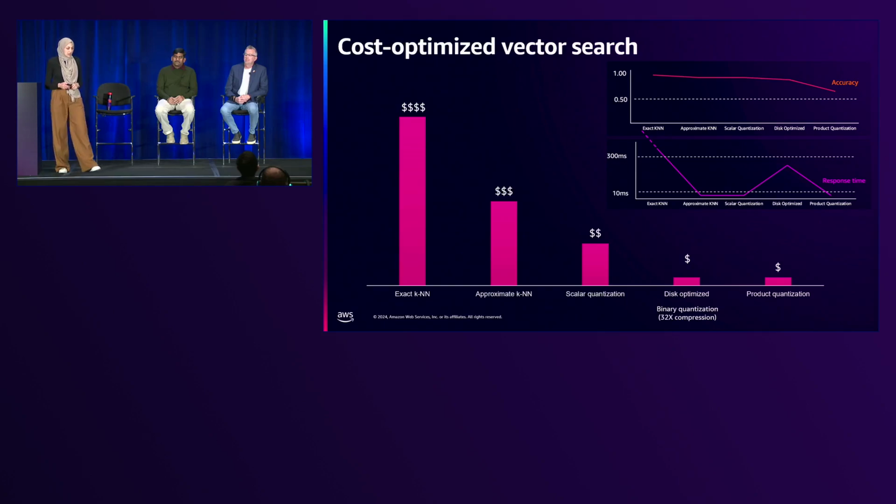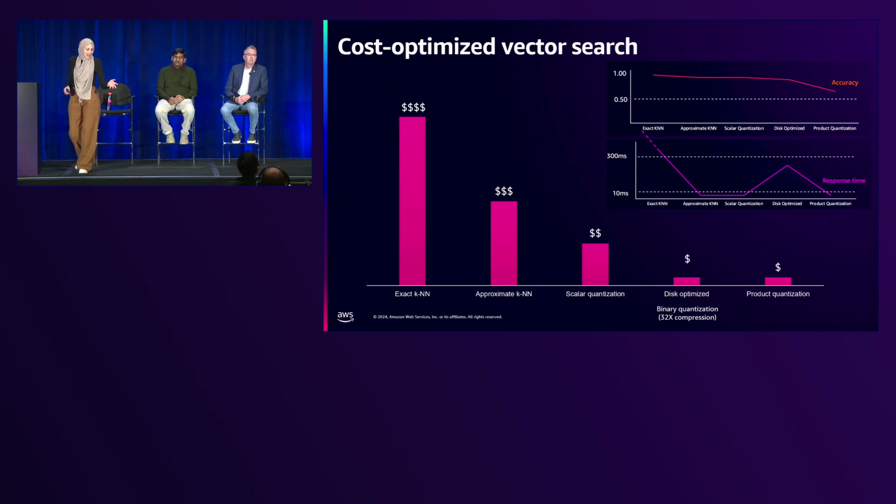On the speed of search, exact KNN leads to higher search latencies, especially once you're at a billion scale of vectors. And then disk-optimized with binary quantization involves some disk-based search, so you can also expect high latency compared to when all your vectors are loaded into memory, but we're still on a millisecond scale here.